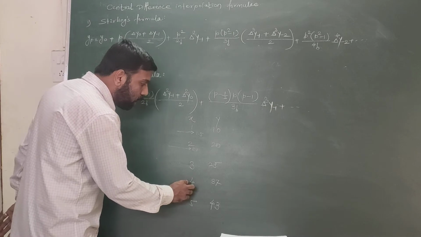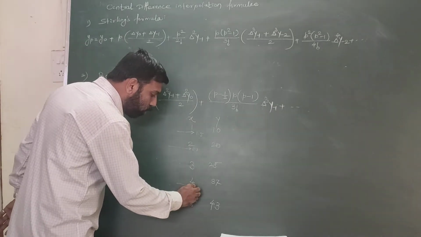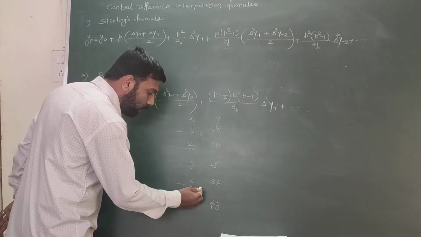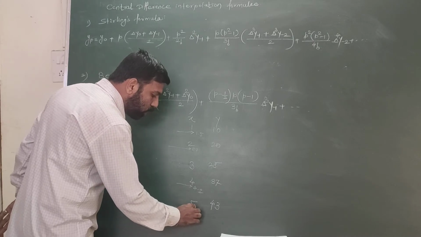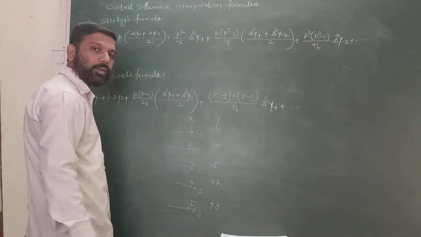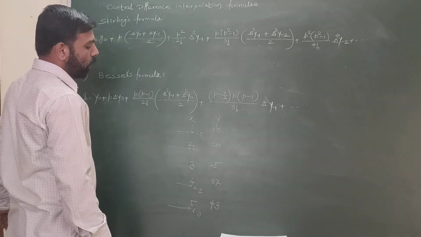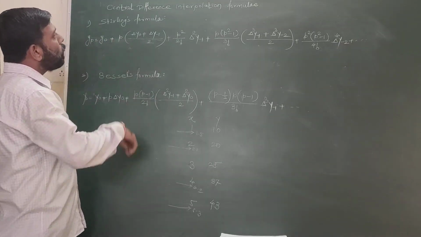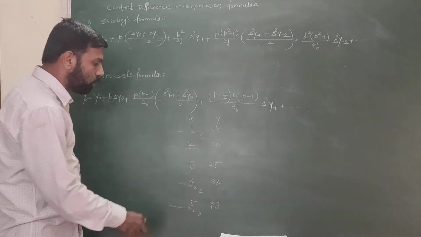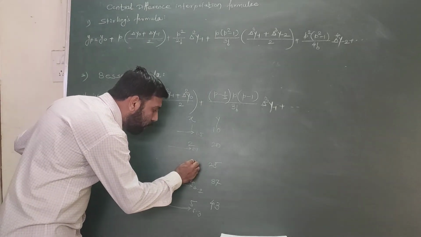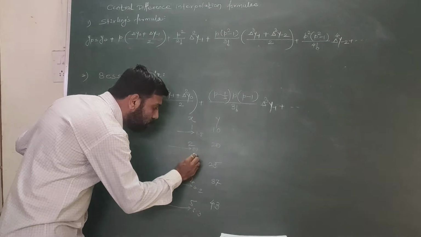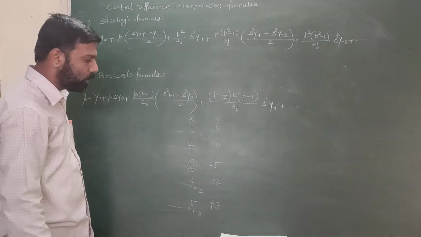Now if you want to find the value at this position 4.2, 7 and so on, or at this position 5.3 and so on, then we use the backward interpolation formula. Now when do we implement the central difference interpolation? When the value we have to find is nearer to 3, we use central difference formulas.